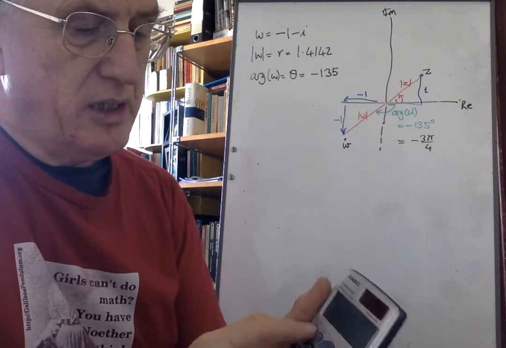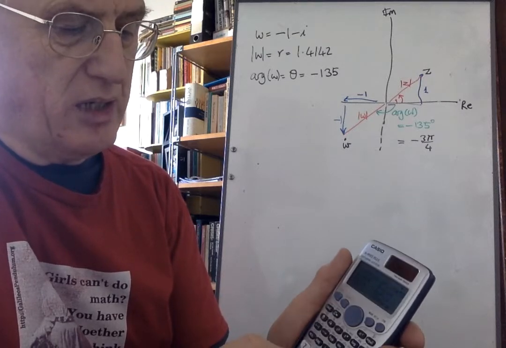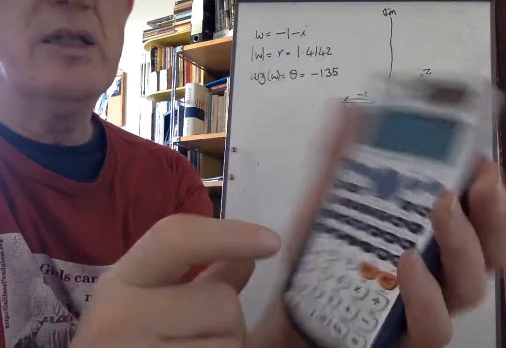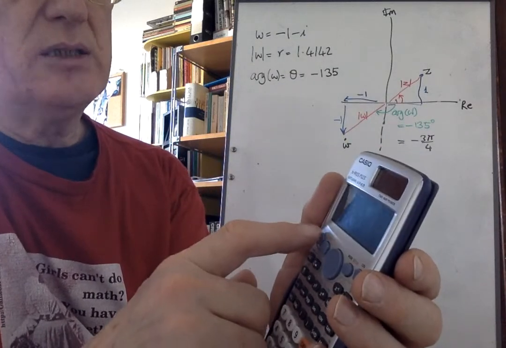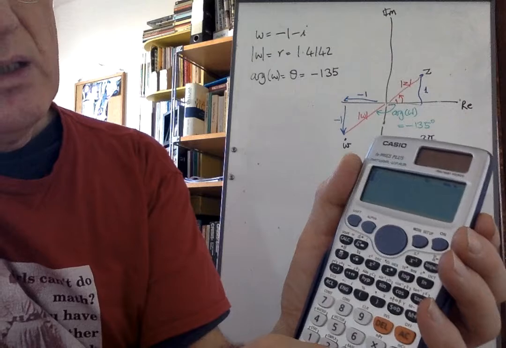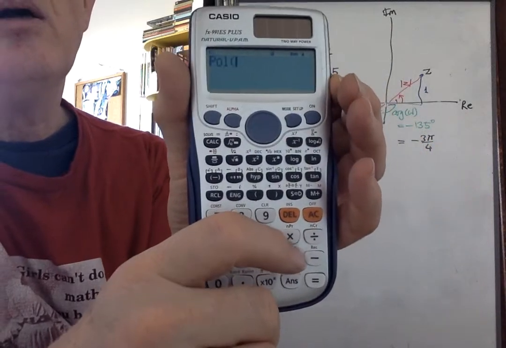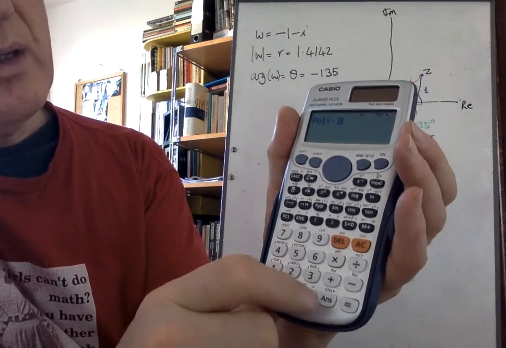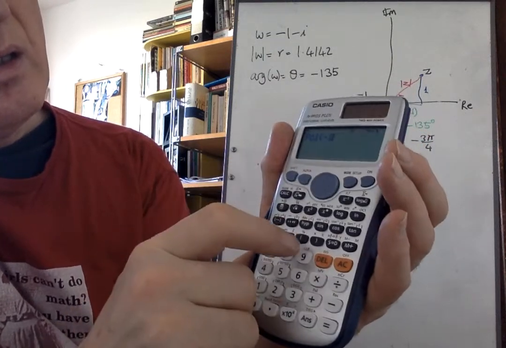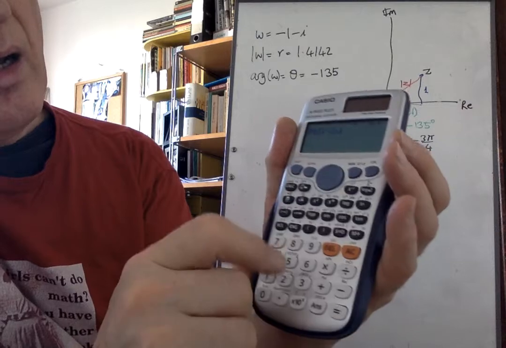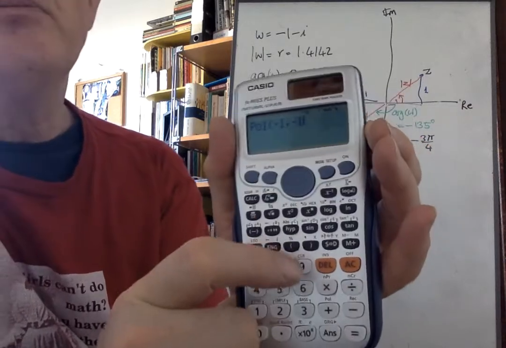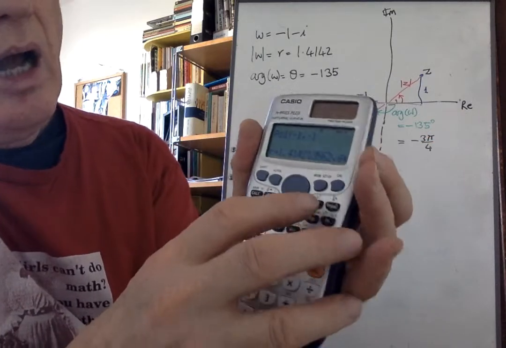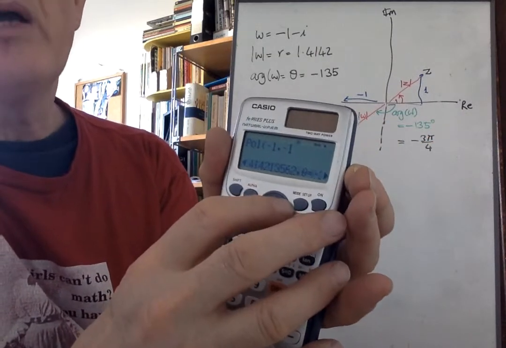changed the setup on my calculator to be in radians, and now I do my Pol of -1, -1, I get the same R. What do I get for theta?